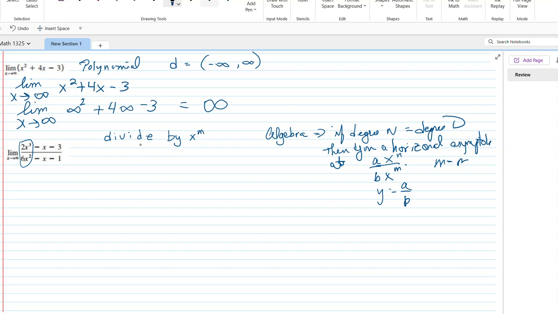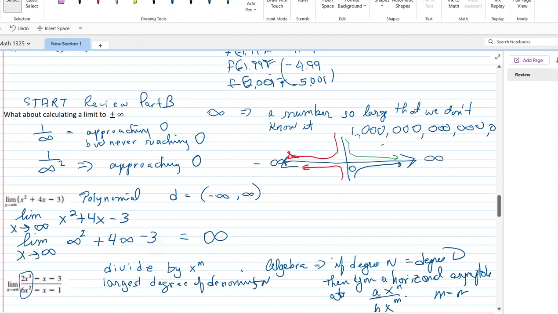That's the largest degree of the denominator, because we know that, as we talked about up here, it approaches zero, right?